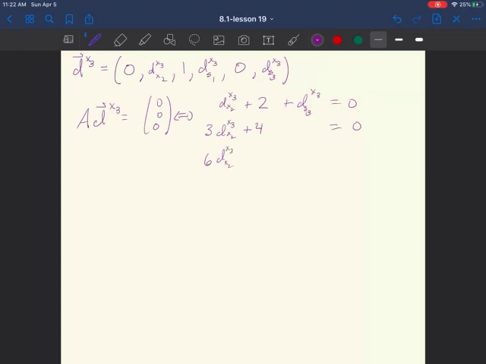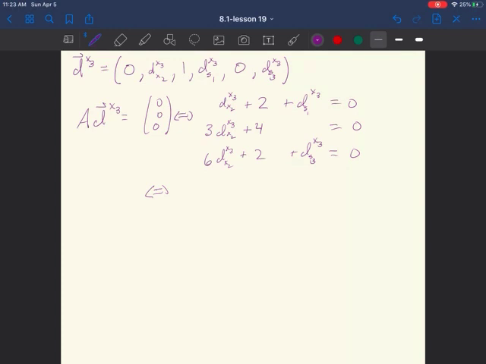And then finally, I have 6 dx2,x3 plus 2 plus ds3,x3. I just noticed a little typo here. This should be dx3,s1, sorry about that. So make sure that you see why that's true. And this last equality is also 0.